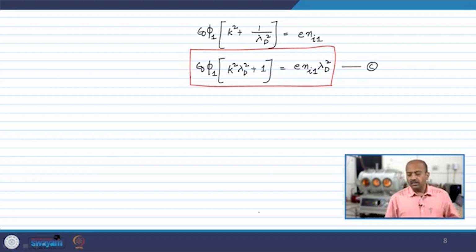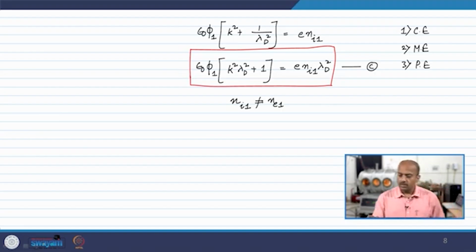Now, considering what is the change that we have made from the earlier picture? We have seen that the number of ions is not equal to the number of electrons. The perturbed number of electrons and number of ions are not equal. Now, will this change any other equation? See, we have three equations: the continuity equation, the momentum equation, and the Poisson equation.